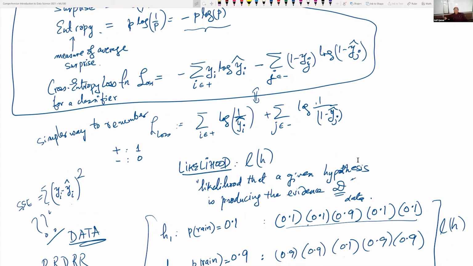If you take log of each term, that becomes pretty much the surprise element. With multiple data points, the right word you use is joint probability. The joint probability of independent events is the product of the probability of each of the events in isolation, right?